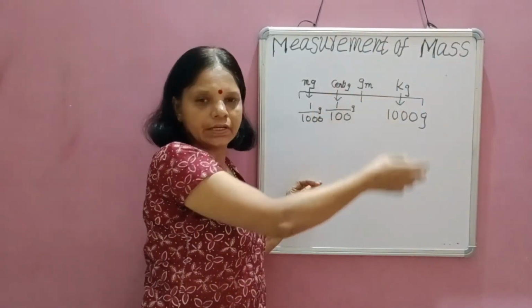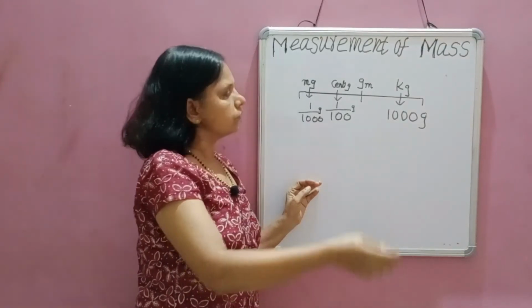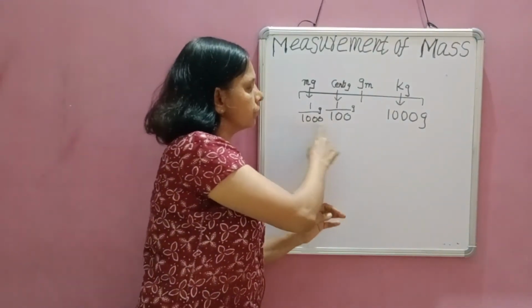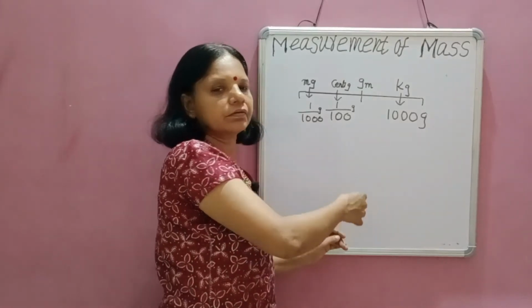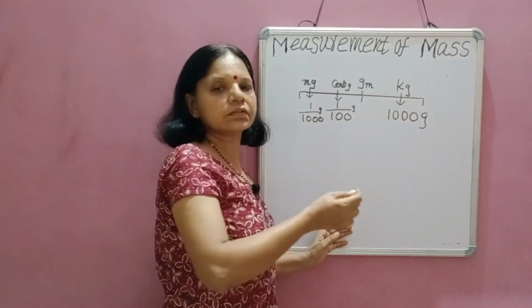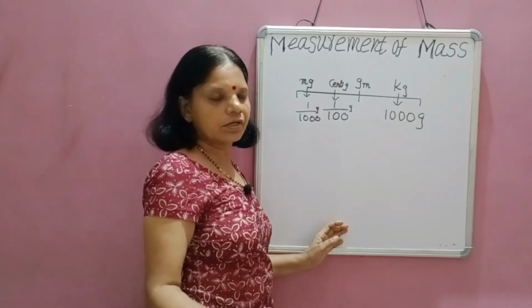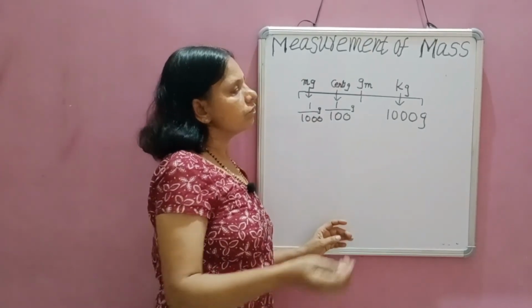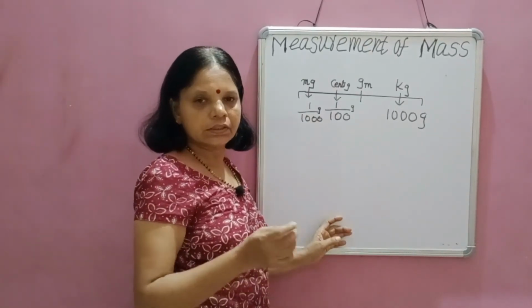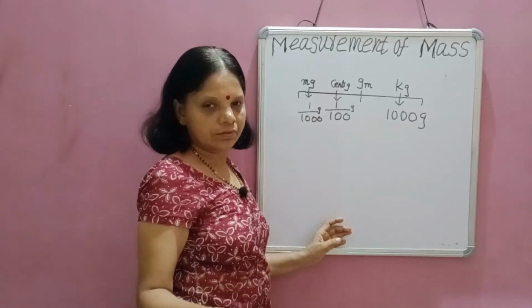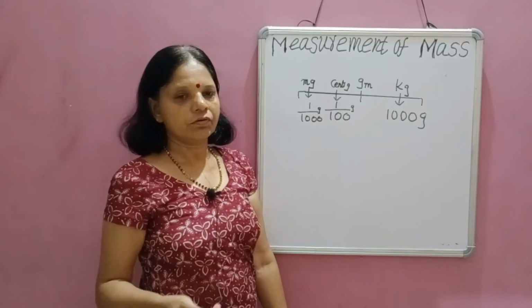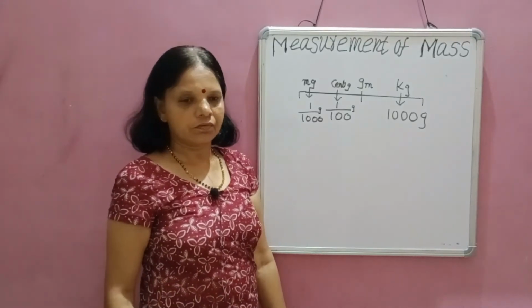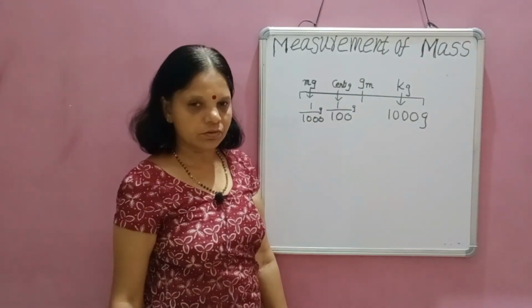mass of any object. Still, in day-to-day life we say weight instead of mass. We are not using the word mass. We say, find your weight or find your body weight. What is the weight of this object? That way only we are telling.